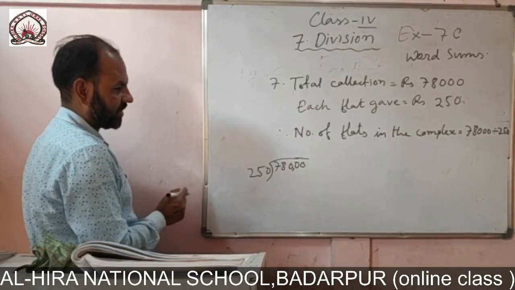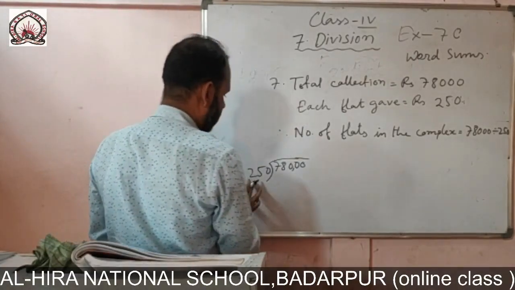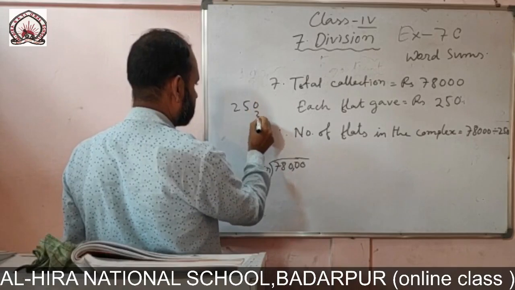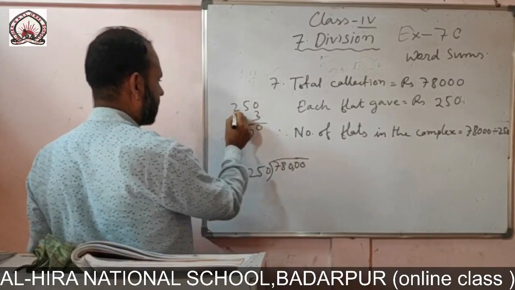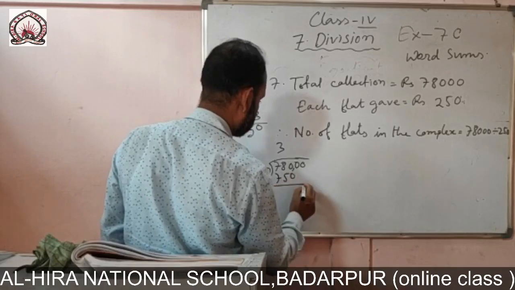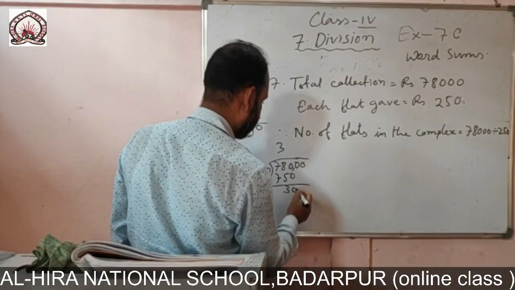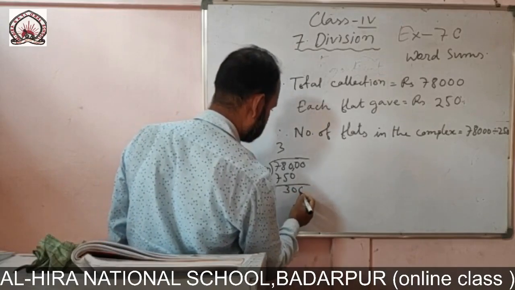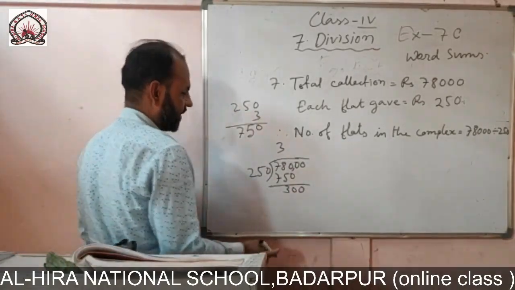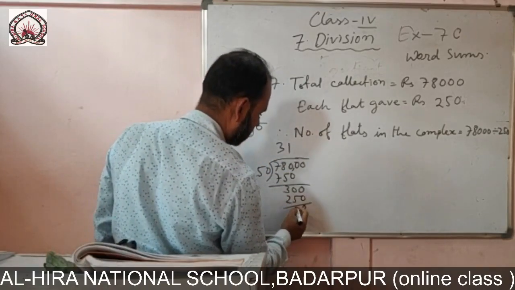If we take 3 digits there, then there is 780. 250 3 times is 750, then 30 remain. Now take down 0, then it is 300. 250 1 time goes, remain 50.